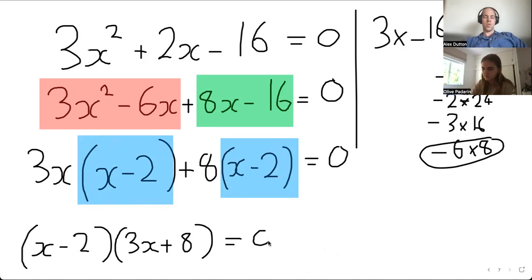Can you see where the 3x and the 8 come from? Right? And then you can see one of the solutions is clearly x equals 2, and the other one is negative 8 over 3.